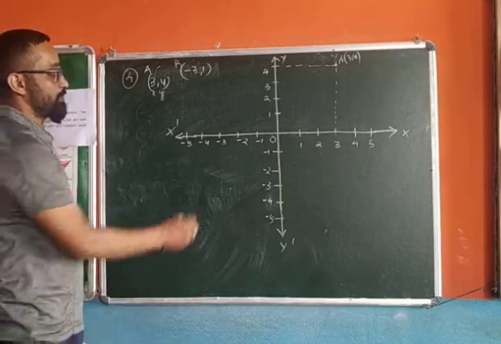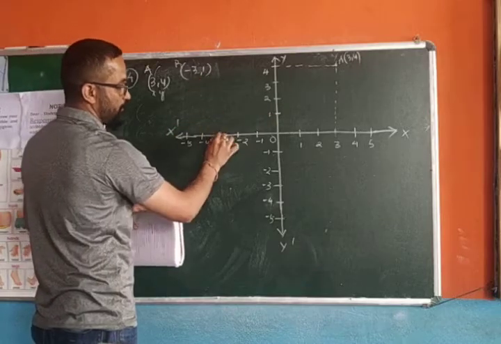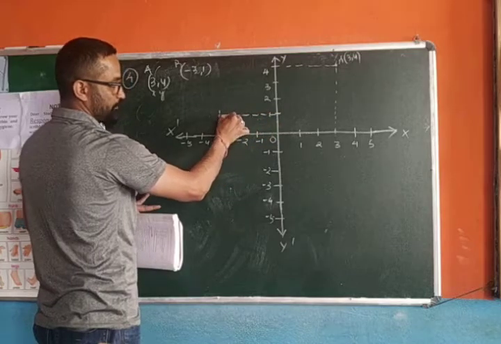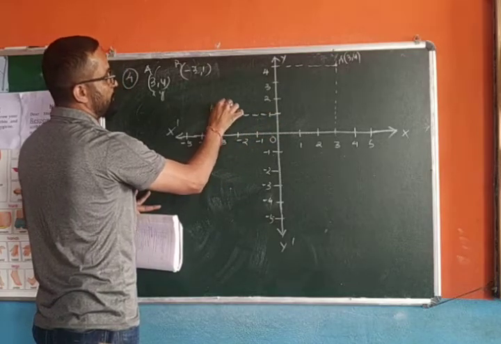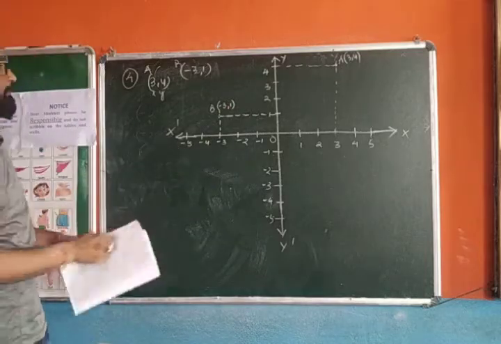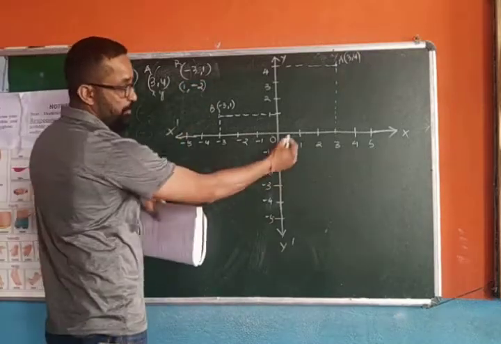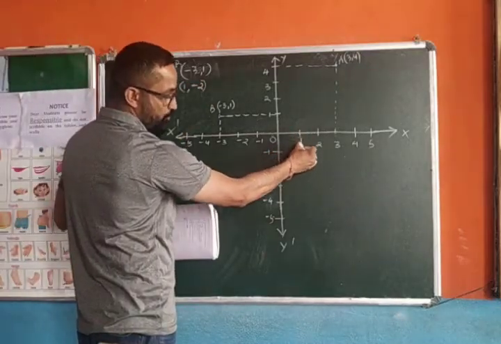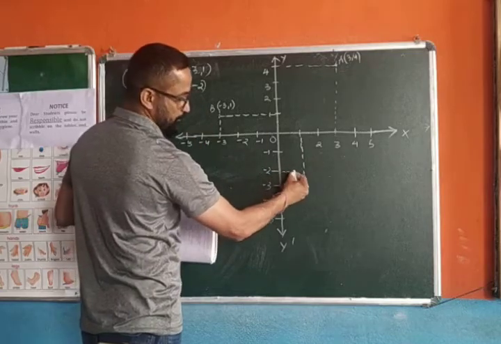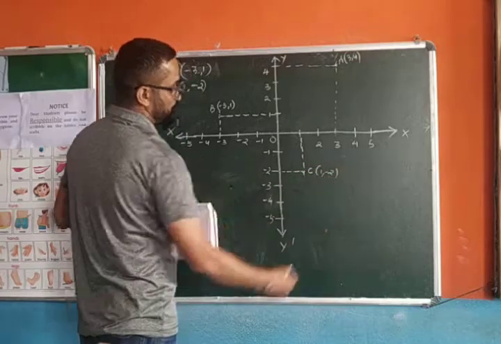So X is -3 and Y is +1. Broken line, +1. This is B, -3, 1. Similarly, you can plot C. It is given 1, -2. X is +1, so you go down. Y is negative, -2. This is your C, 1, -2.